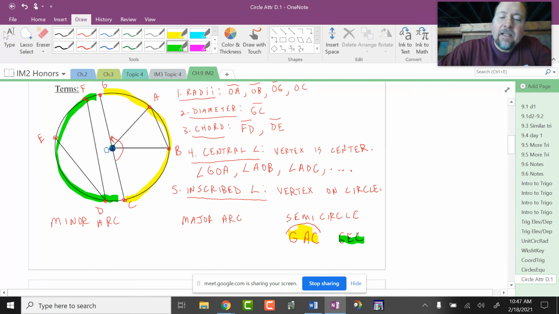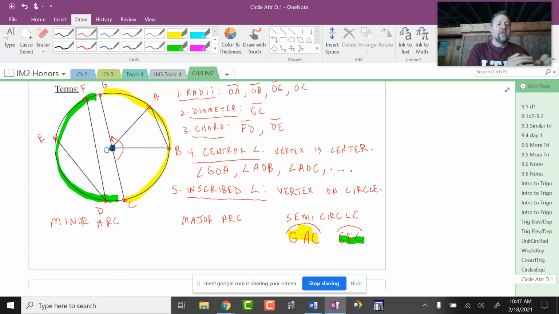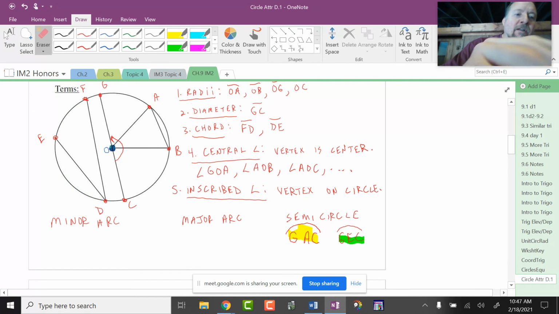And that is labeled as a semicircle as well. And actually, the arcs are both equal to 180 degrees, just like the angles that intercept them. So what's a minor arc? Kind of jumped out of order there. A minor arc is any arc that is less than 180 degrees.